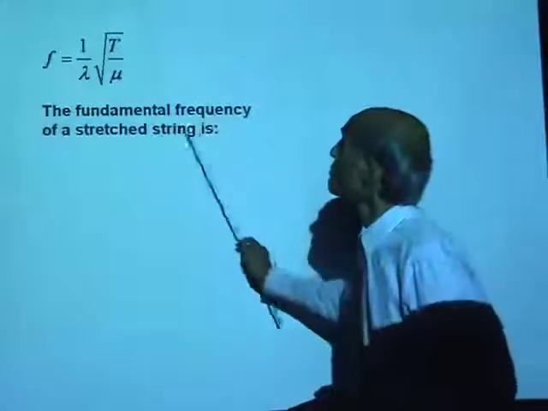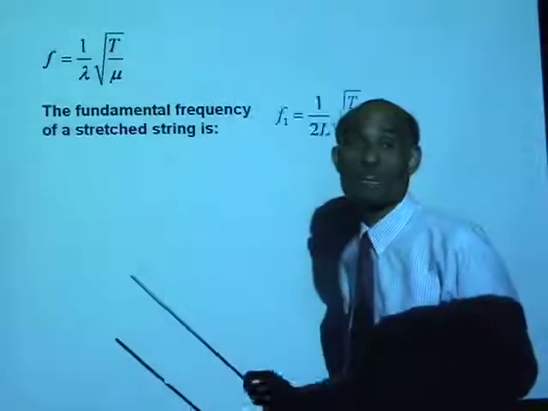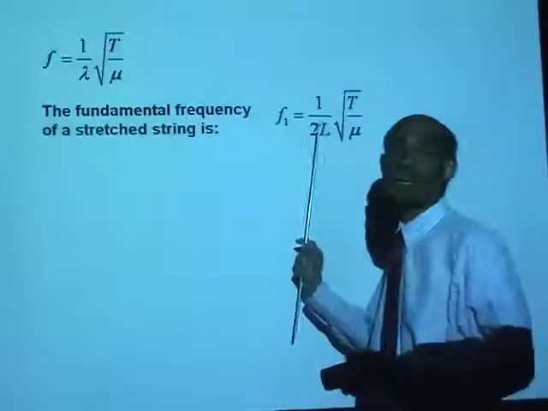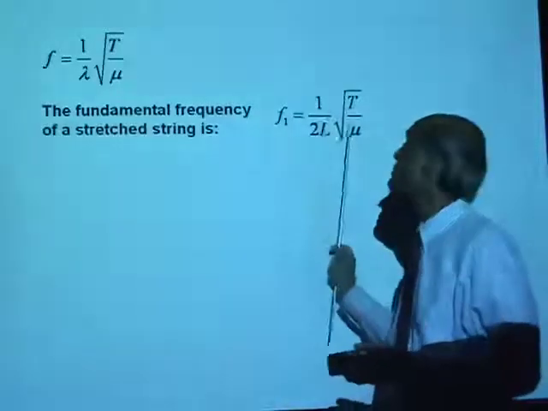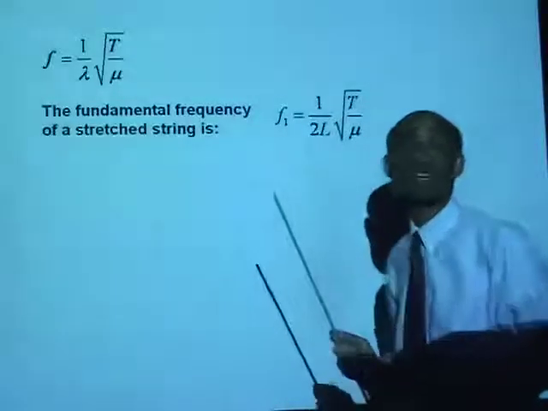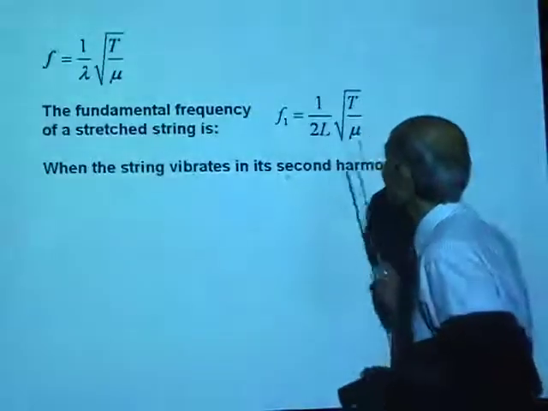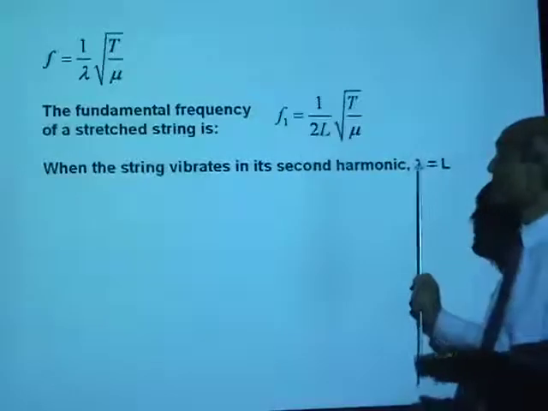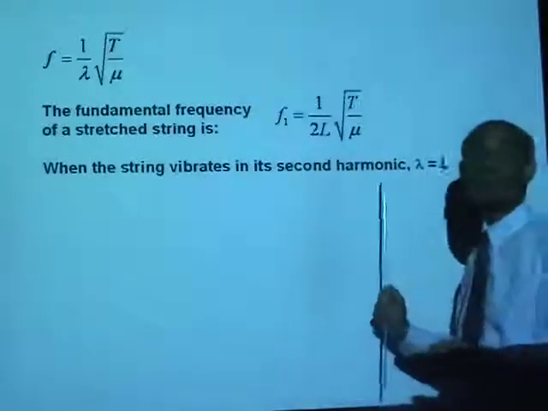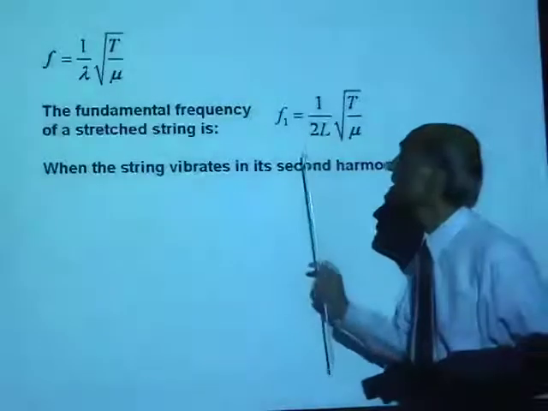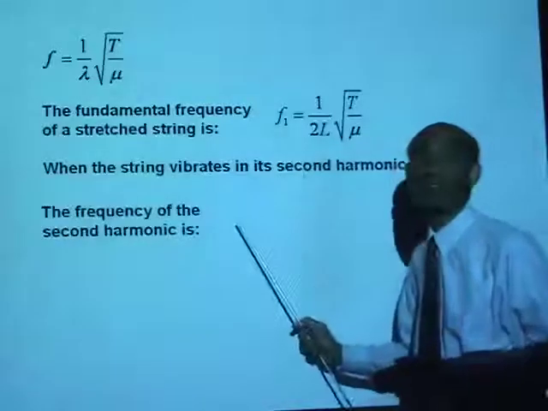The fundamental frequency of a stretched string is, you know this, F1 equal to 1 over 2L times the square root of T over mu. And when the string vibrates in its second harmonic, look at this, lambda will be equal to L. So what will be the equation for that then?